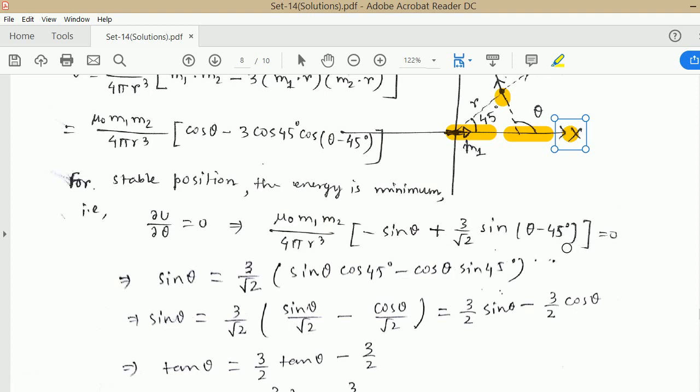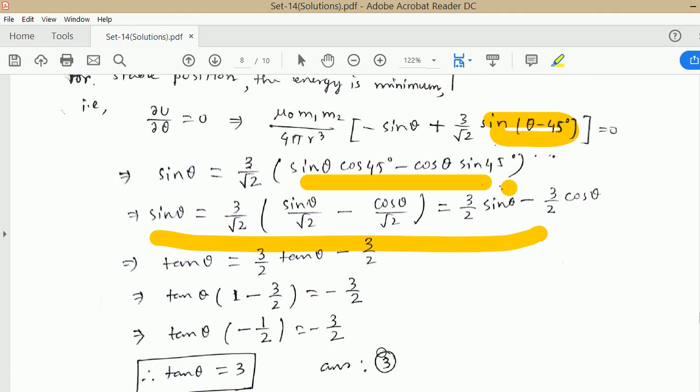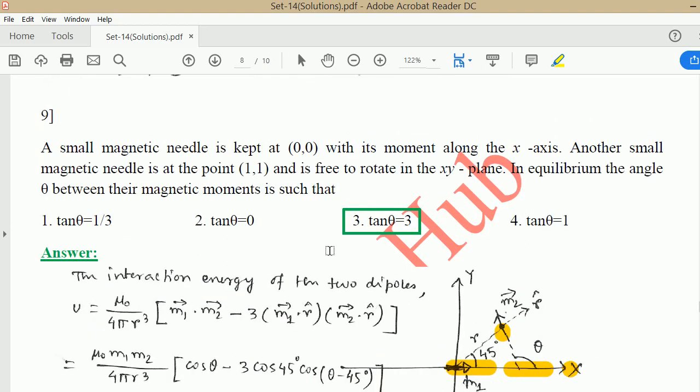Now if we expand sin(theta minus 45 degrees) and divide both sides of this equation by cos theta, you get tan theta on the left-hand side, and here you get 3 by 2 tan theta minus 3 by 2. So tan theta equals 3, and it is matching with option 3.